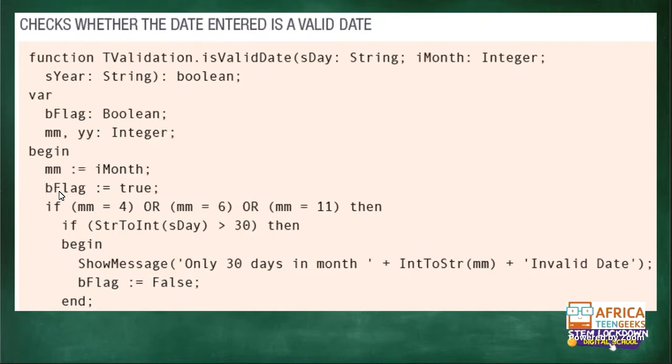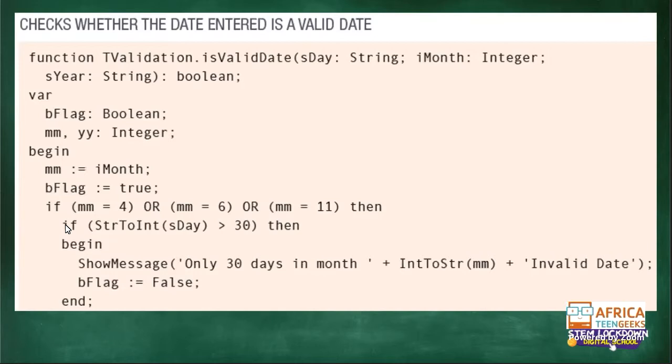This person starts off with B flag becomes true, which is good. This person assumes the date is valid unless I can prove otherwise with one of my rules. So he starts off by saying if month is 4 or month is 6 or month is 11.